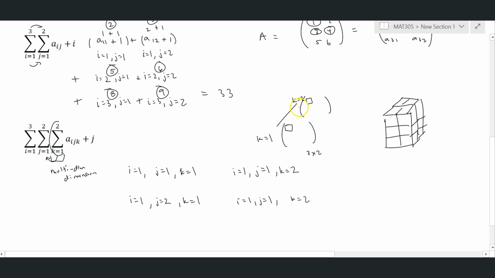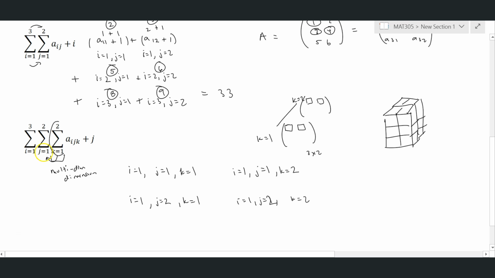So that's as if we are now in i equals 1. That's going to be the first row, second column of the first matrix. And then we'll go i equals 1, I'm sorry, j equals 2, k equals 2. That will be this value right here. So essentially we're using the same elements across the two different dimensions.